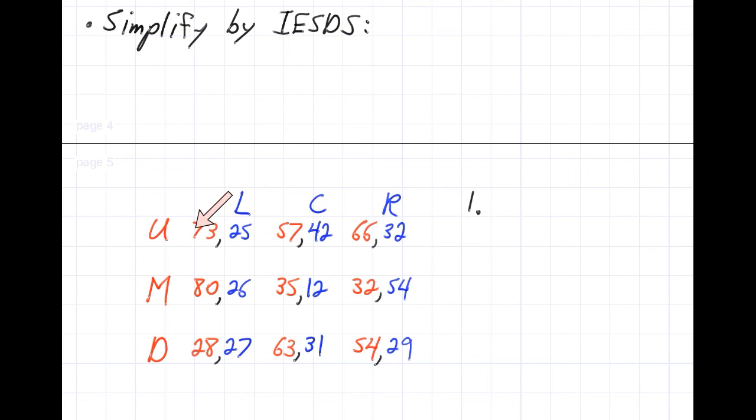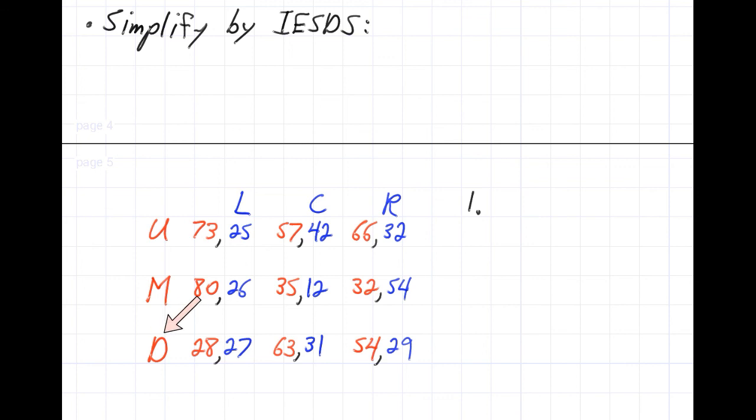We saw earlier that 80 is better than 73, but on the other hand, 57 is better than 35. So U is not dominated by M. Likewise, U is not dominated by D. How about M? M is better here, but worse than everything else here. So M does not dominate anything. And likewise, M is not dominated by anything because of the 80.